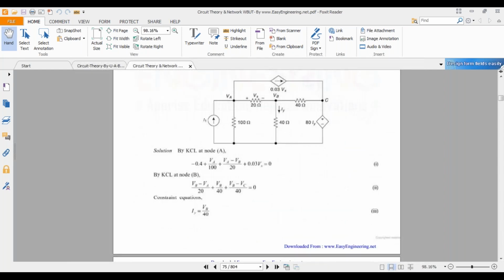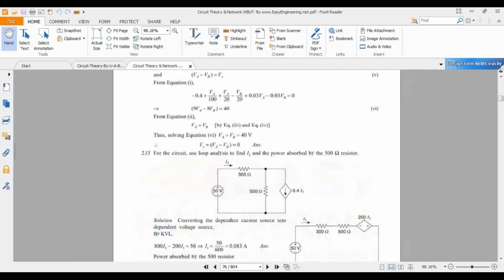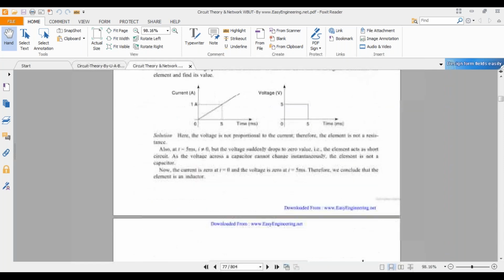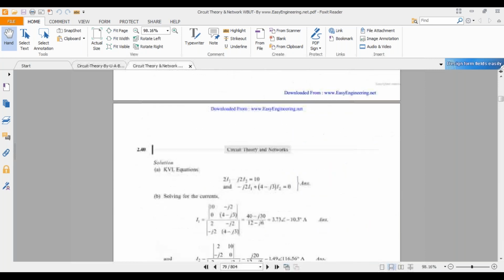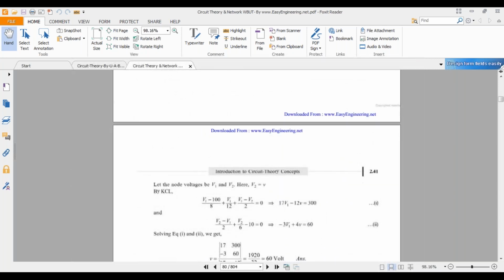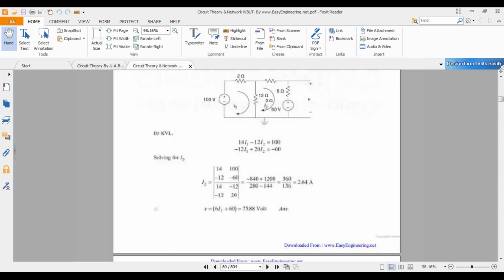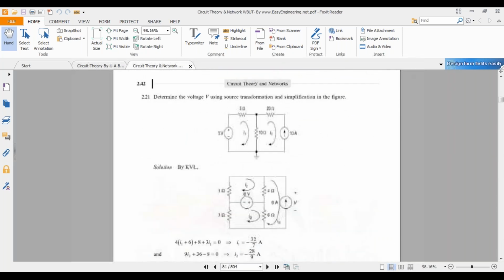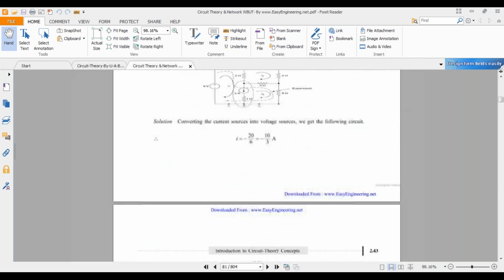I will show you now. These are DC circuits.